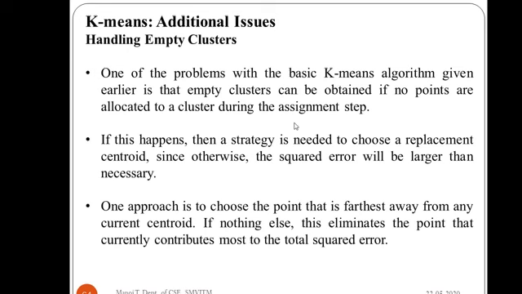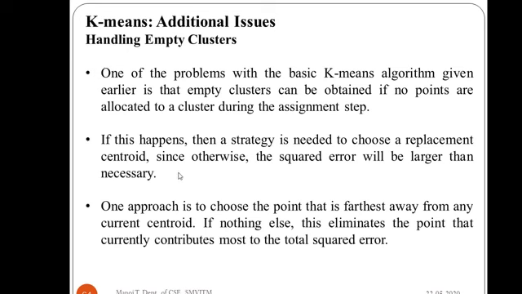So when you are assigning the points to the clusters, there are higher chances that one particular cluster may not get any point, or that centroid may not be a minimum point for that particular set of points.